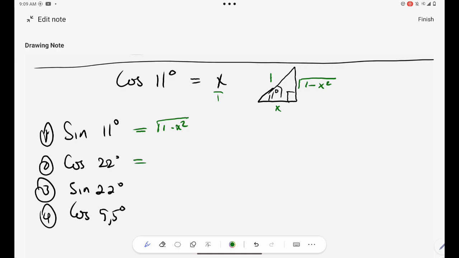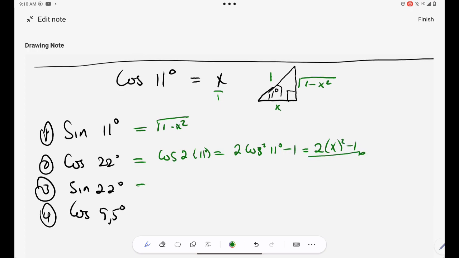And then cos 22 can be written as cos of 2 multiplied by 11 degrees. We can all see that this thing is a double angle for cos, so I'll simply say this is 2 cos squared 11 degrees minus 1, which is 2 x squared minus 1. All together.